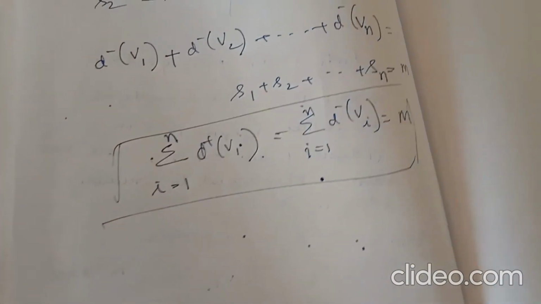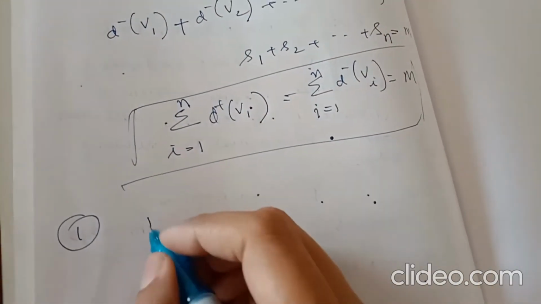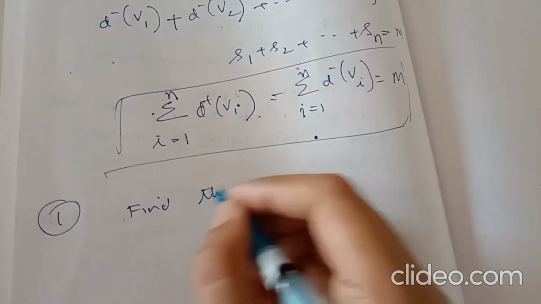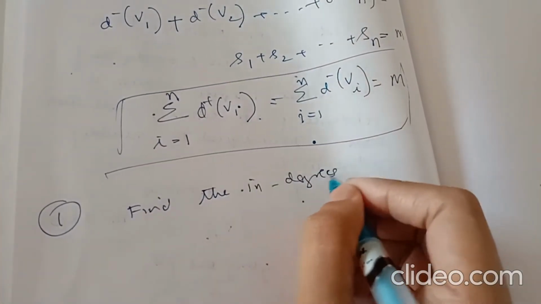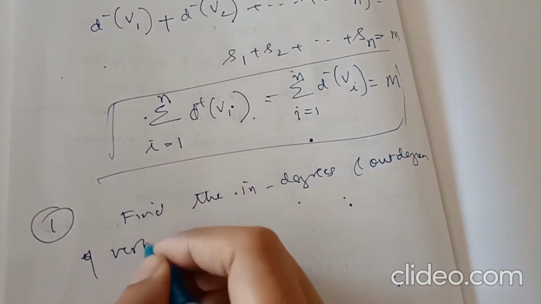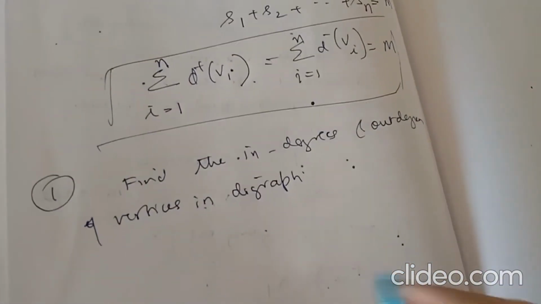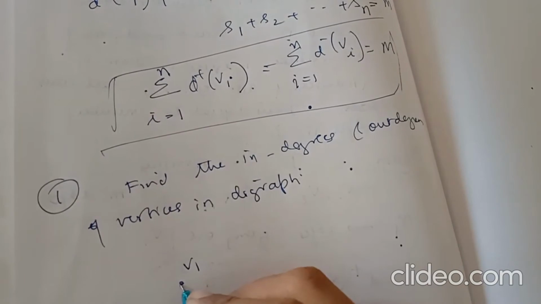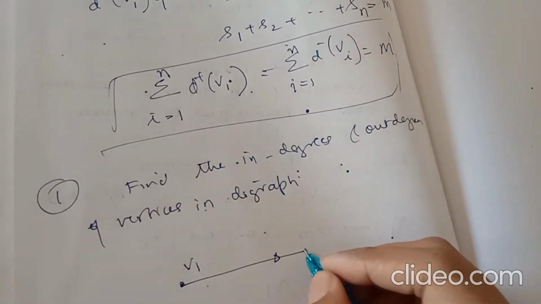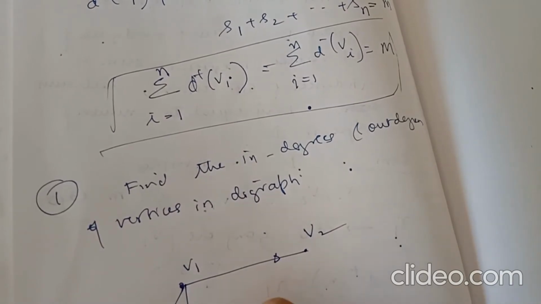So let's take a particular question. We are supposed to find the in degrees and out degrees of the vertices in the diagram. So let's say this is the vertex V1 to vertex V2. We have got another vertex V6, V5.